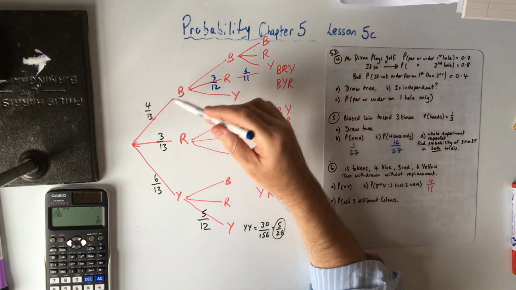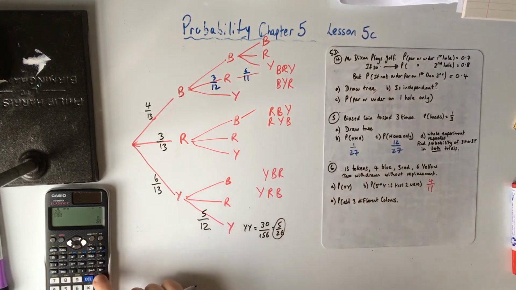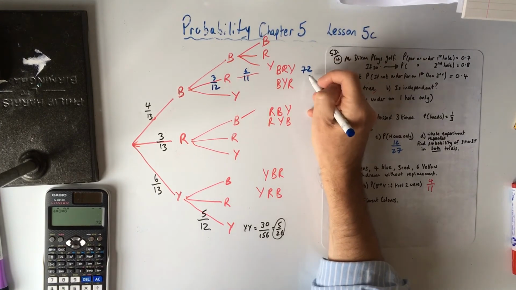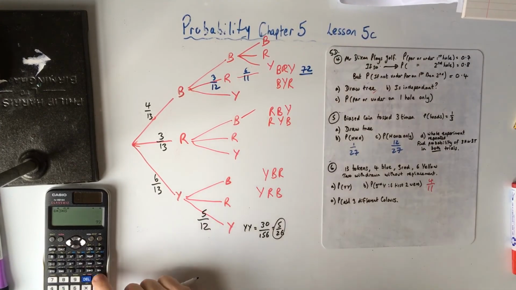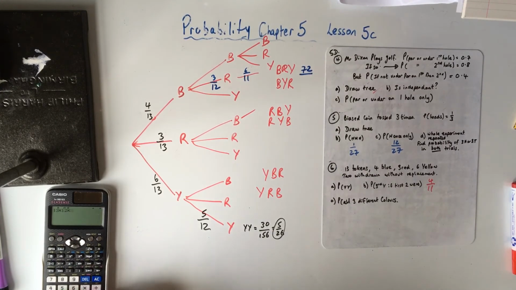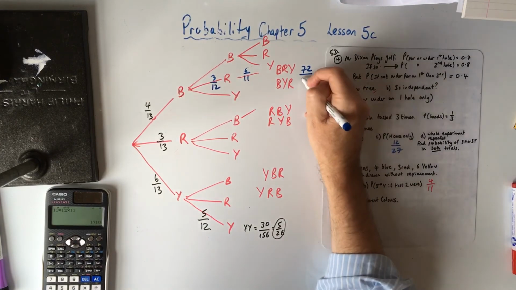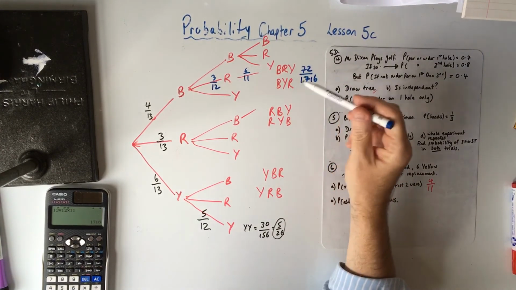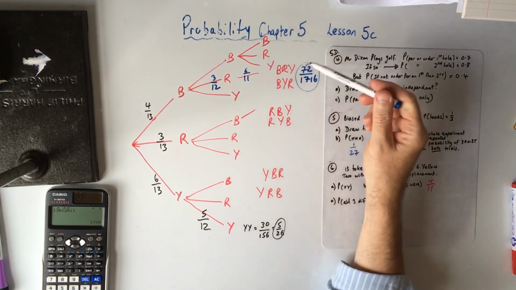So 4 times 3 times 6, what's that? 4 times 3 times 6 is equal to 72. So it's 72 out of 13 times 12 times 11, which is 1716. Yeah, okay, so it's not that bad actually.